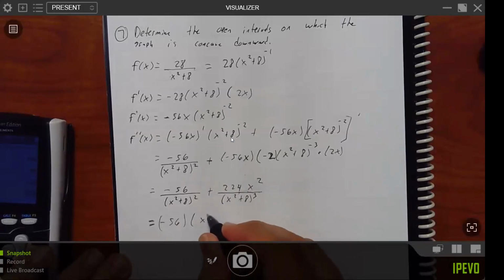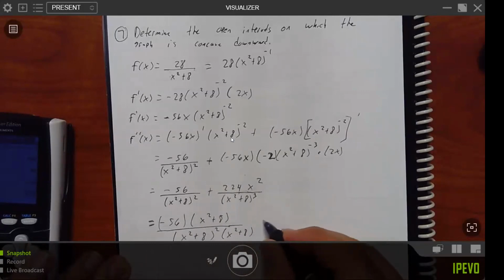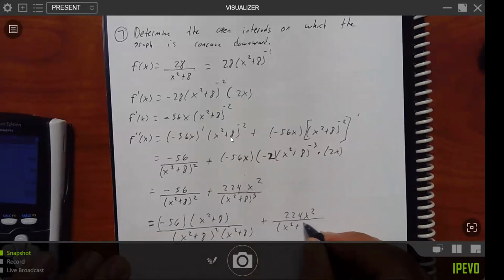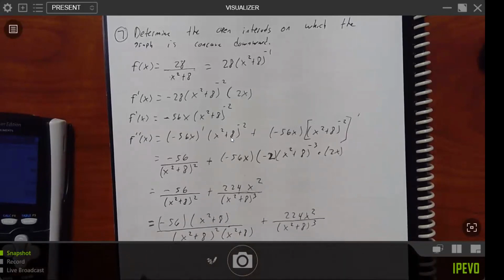So multiply the top and bottom by x squared plus 8 to get the same denominator. So now they're the same, so I'm going to add these together.